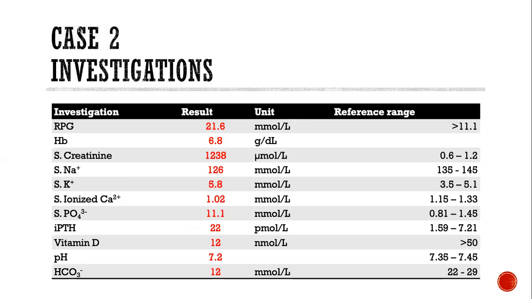On investigation, she had a very high random plasma glucose level of 21.6 millimoles per liter and a low hemoglobin level of 6.8 grams per deciliter and a very high serum creatinine level of 1,238 micromoles per liter and low sodium level, 126 millimoles per liter, with a high potassium level, 5.8 millimoles per liter. And her ionized calcium level was low, 1.02 millimoles per liter.